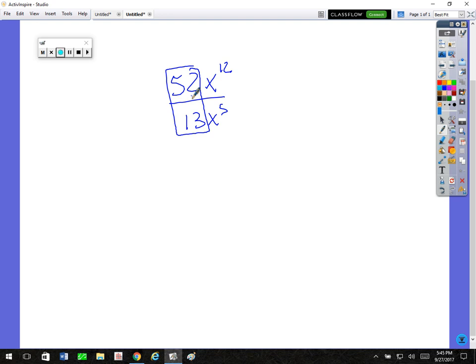Let me see. 52 divided by 13 gives me 4. That's correct. Okay. So 4x, 12 minus 5 gives me 4x to the 7th power. Okay. So it's just taking your time, working the steps out, and solving the problems out.